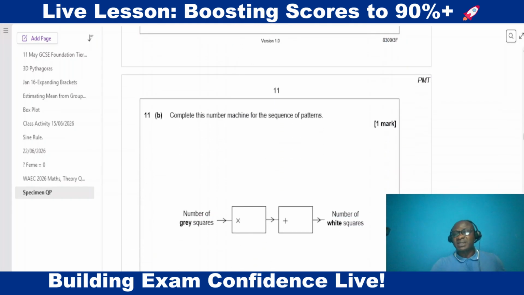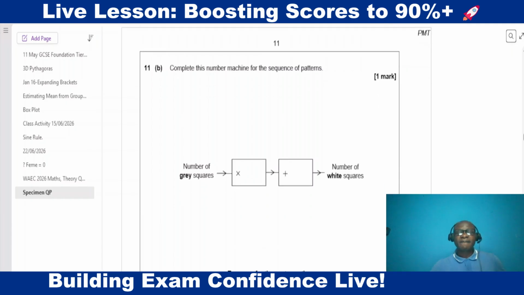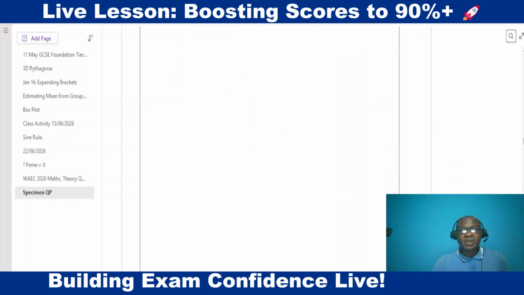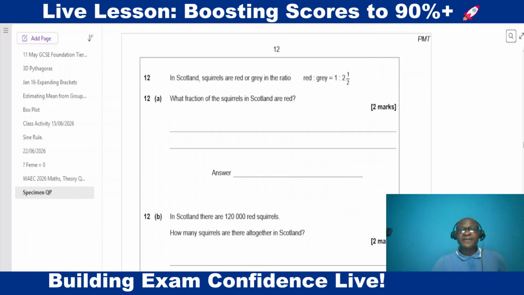What do you think we enter inside the box? 1 times 1 plus 5? It should be times 2 plus 3. That is what it should be.